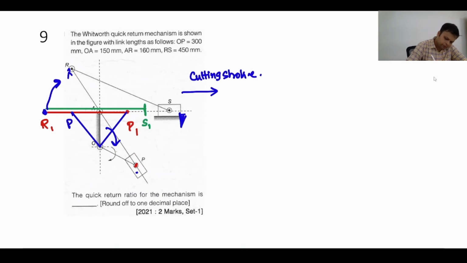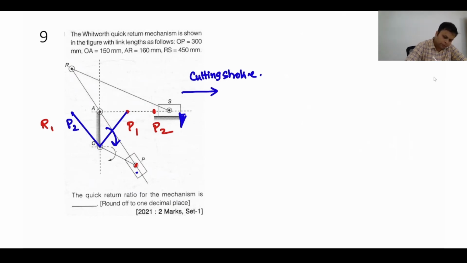Let me say P2. When point P is here, link R will be somewhere here, R2. You have to imagine this. I can redraw it if you want. This is S1.